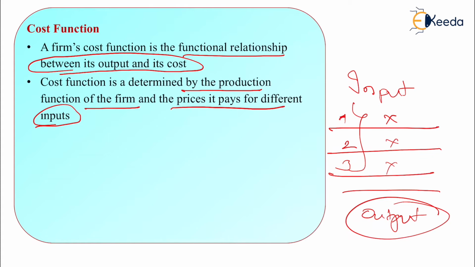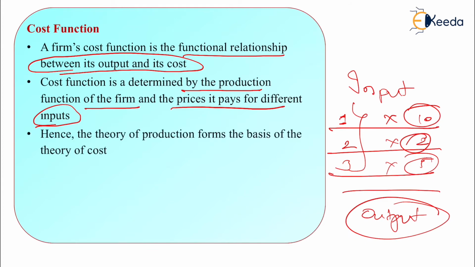So input 1 is required in 10 quantities, input 2 only 2, input 3 only 5. If the cost of every such input differs, the total cost of the product will differ. Hence, whenever we are selecting the inputs, we need to make sure that they minimize the cost and also give out the proper quality. So this is what you need to understand.